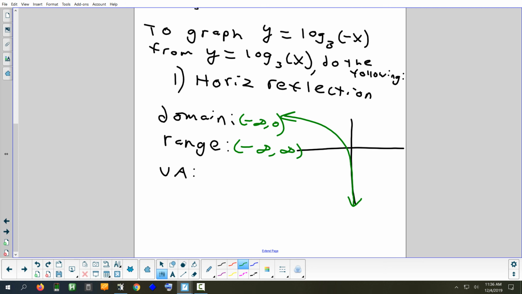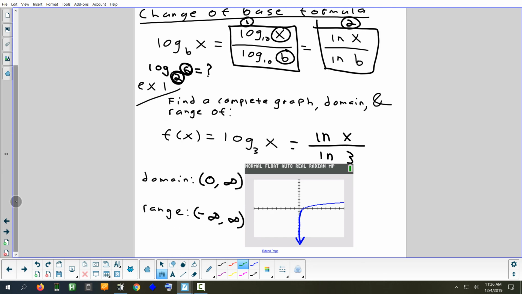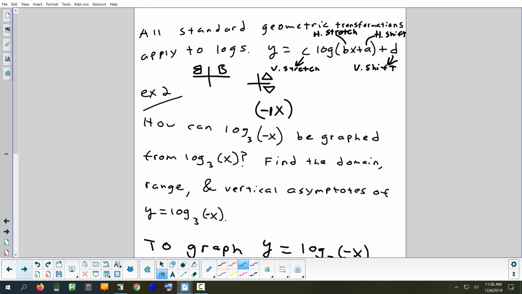Now, the vertical asymptote. When you write the equation of a vertical line, does it start out x equals or y equals? Yep. X equals. And did the vertical asymptote in that graph move compared to that graph? No, it stayed exactly the same.